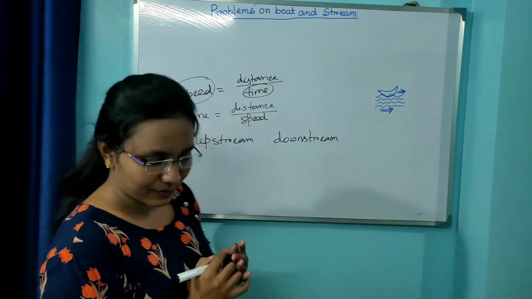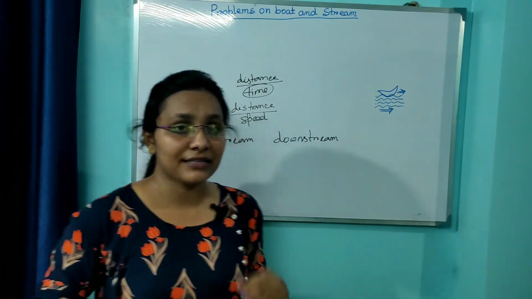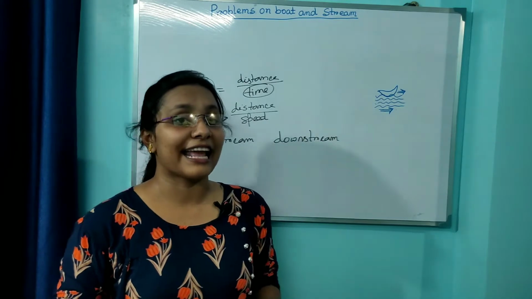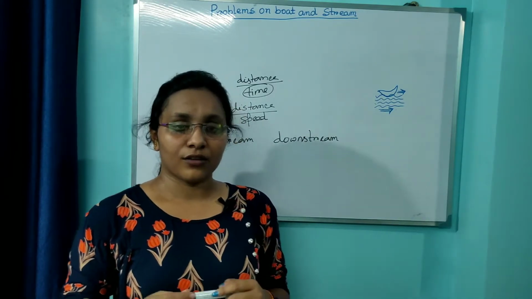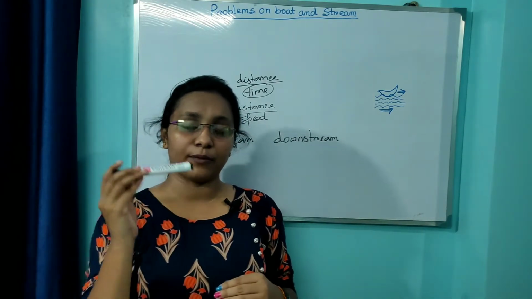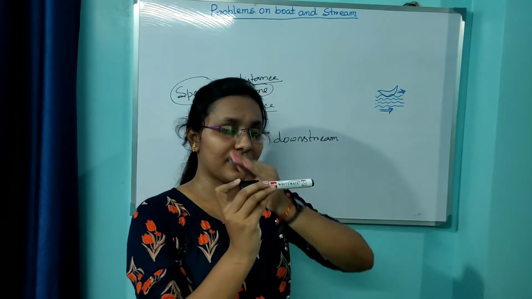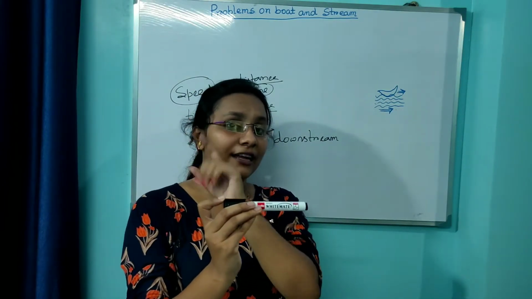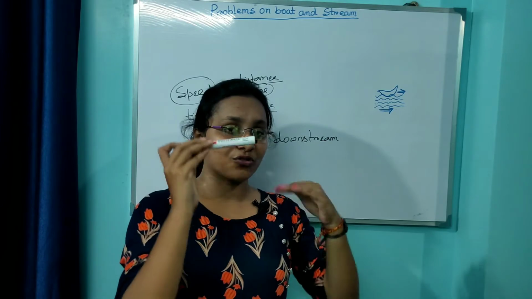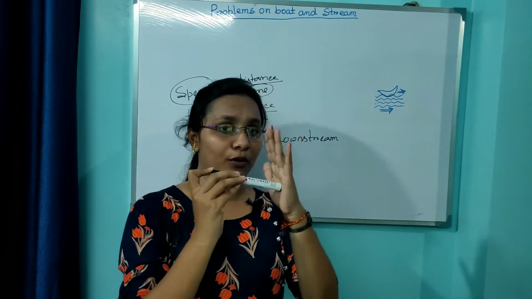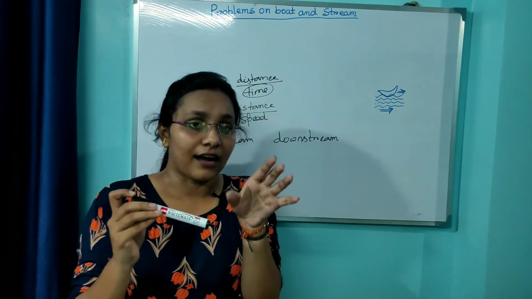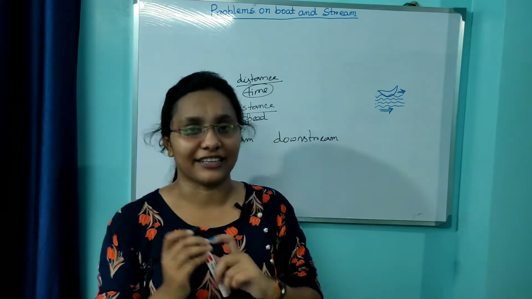Now, what is upstream? Upstream means up of the stream, that is against the stream. So, suppose your boat is moving in this direction and the stream is in this direction. Then the speed of the stream must prevent your boat. So, in this case, the resultant speed must decrease.